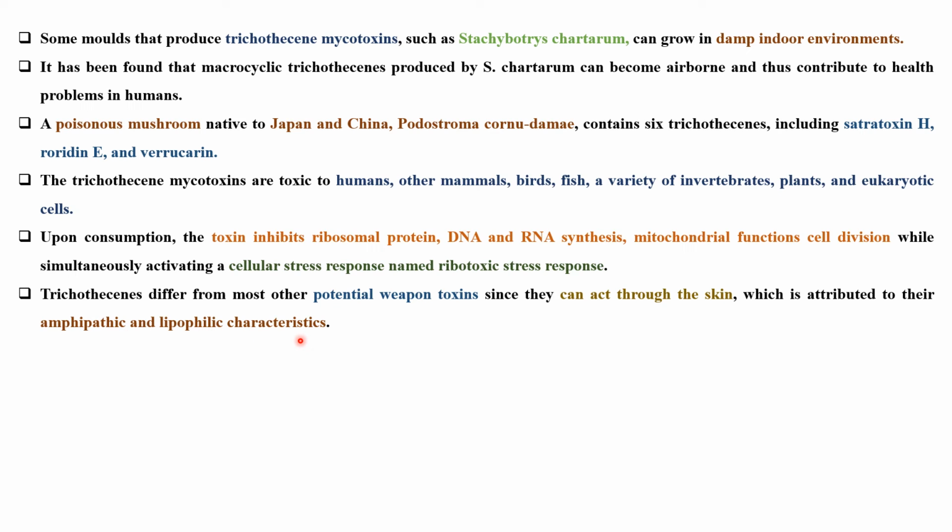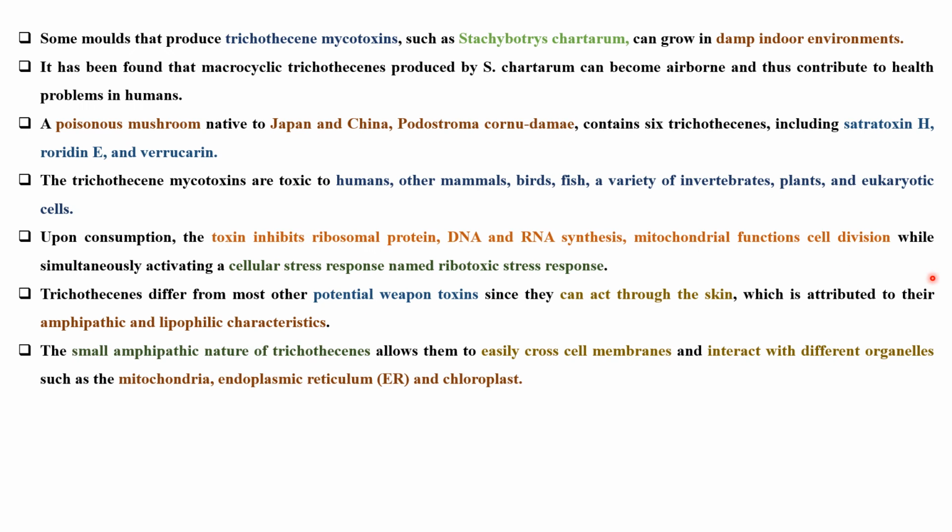So one has to understand that many a time when you look at a toxin, it will have either a lipophilic character or a hydrophilic character, but it will not have both. So this is a typical property of these trichothecene mycotoxins, where they have an amphipathic nature as well as lipophilic characteristics. How are these two types of physicochemical properties going to influence the toxicity of this particular toxin?